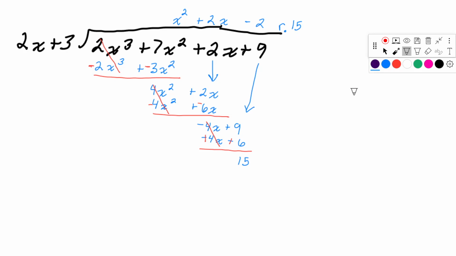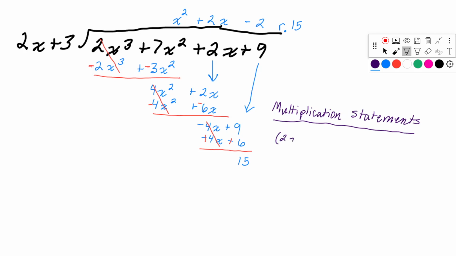Now there's two different ways when you have a remainder that you can write the multiplication statement. And you will be asked to write both of them when there's a remainder in your assignment. They both will start with the 2x plus 3.